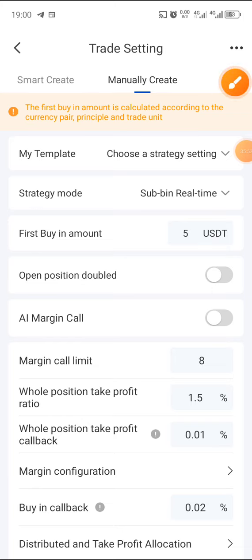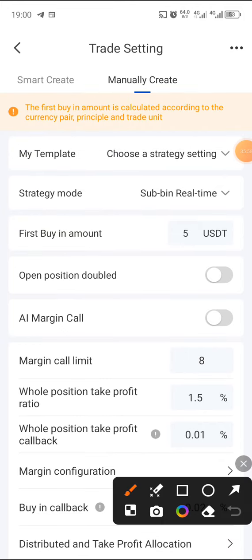After there, click on my templates and choose a strategy of your own.